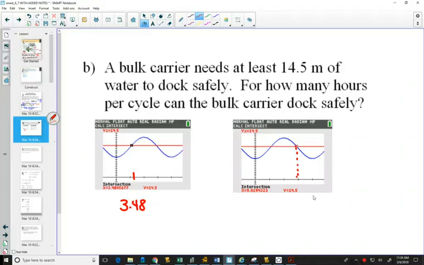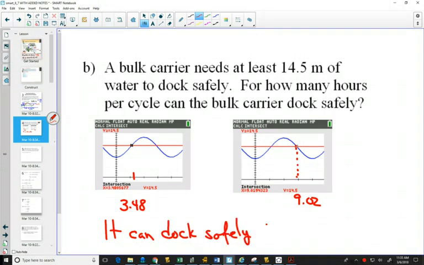And according to this one, it's at 9.02. So the one time is at 9.02, the other time is at 3.48. I can write a statement for a word problem.